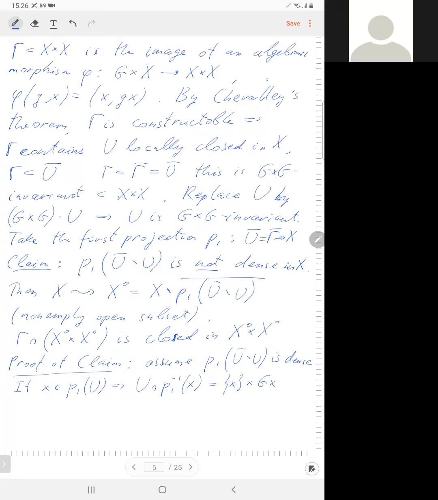And hence the dimension of the intersection is d.